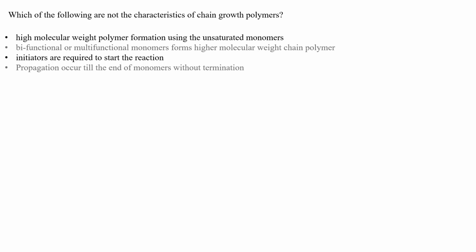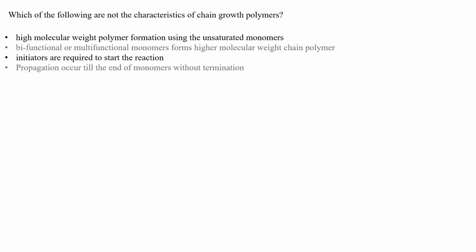Third, initiators are required to start the reaction, which is true for chain growth polymers. And fourth, propagation occurs till the end of monomers without termination. Now, this is not the case for chain growth polymers, because as we have seen in the previous question, there is something called a dead polymer.